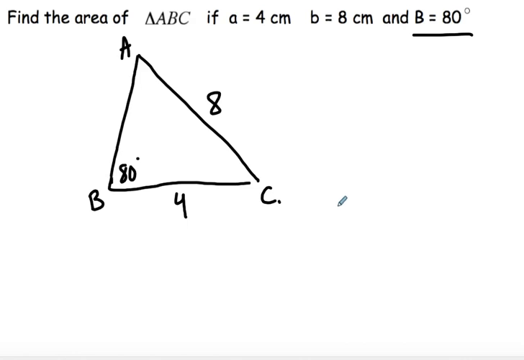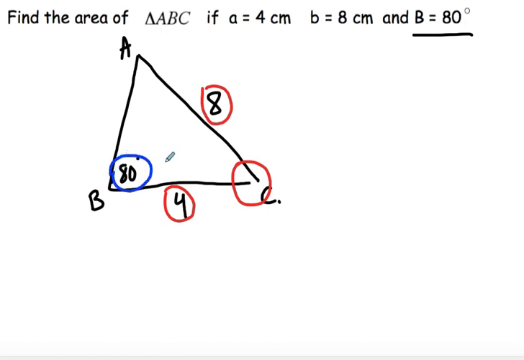So if I want to find the area, I need two sides and the angle in between. Right now, I've got these two sides, but I don't have the angle in between. Not yet, but we can figure it out if we do a little work first. I have a relationship.